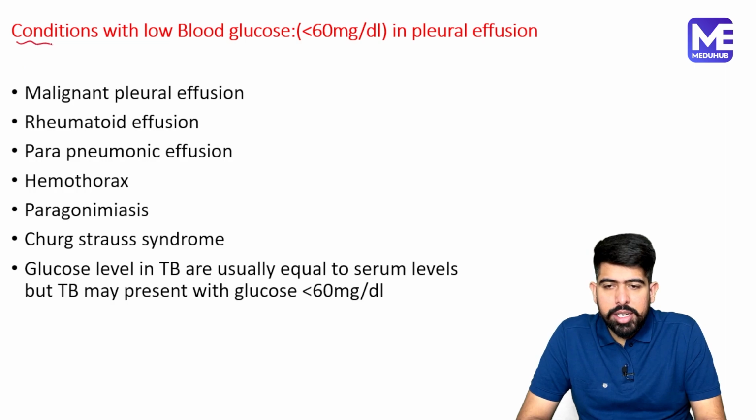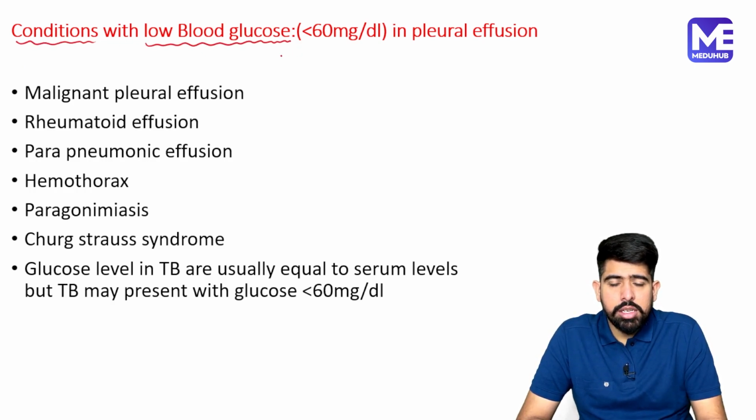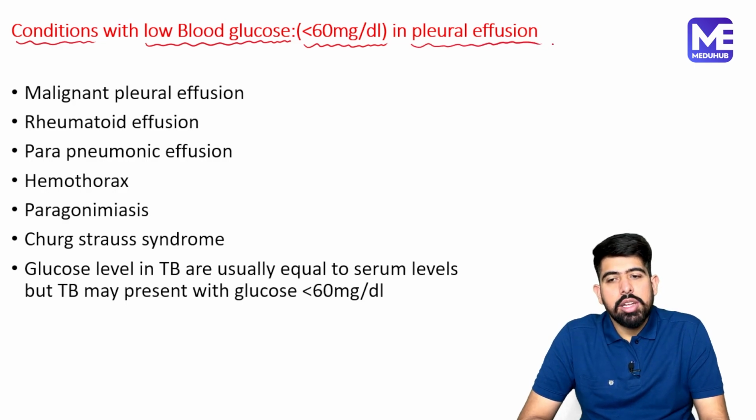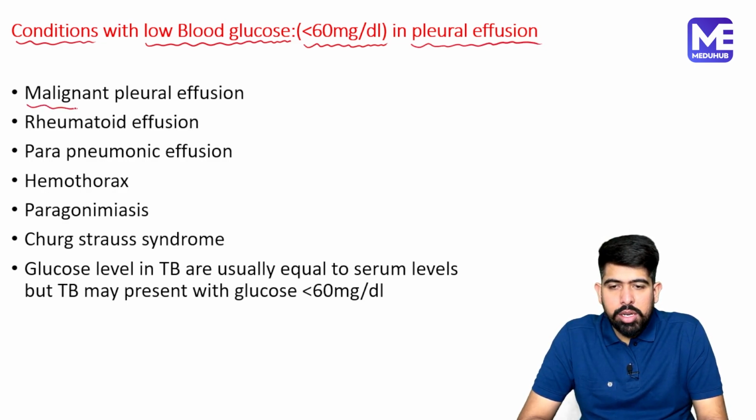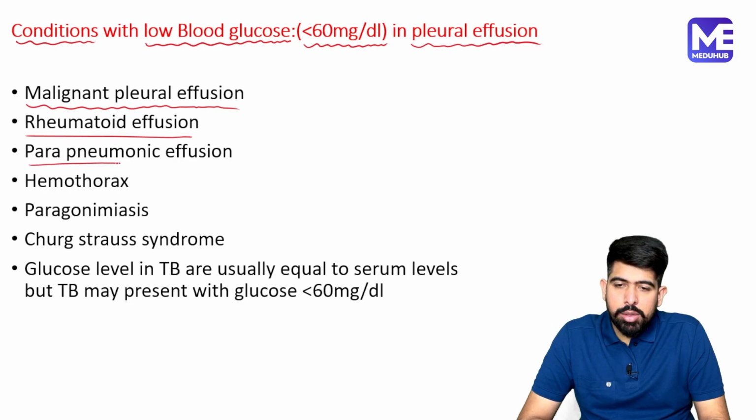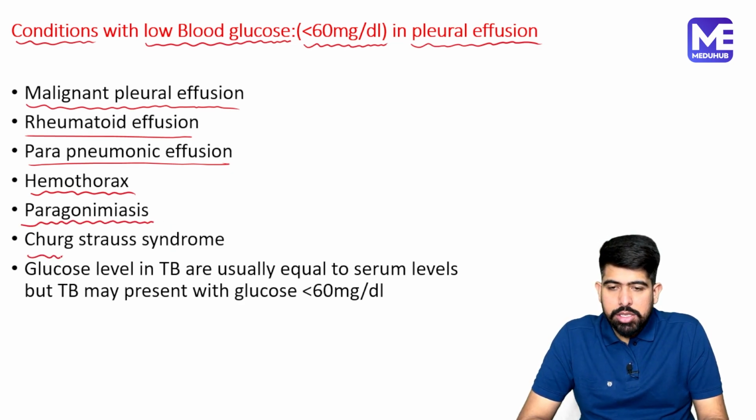If we talk about conditions with low blood glucose, less than 60 mg per deciliter in the pleural effusion, these are malignant pleural effusion, rheumatoid effusion, parapneumonic effusion, hemothorax, paragonimiasis, Churg-Strauss syndrome.